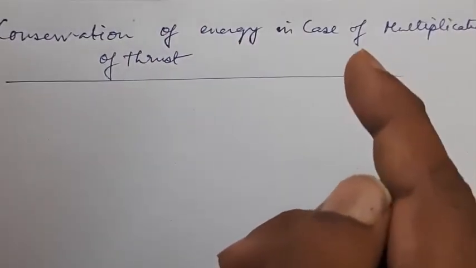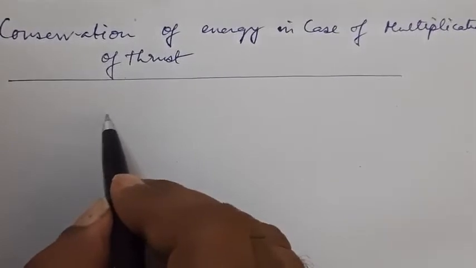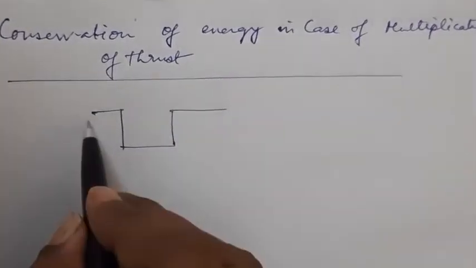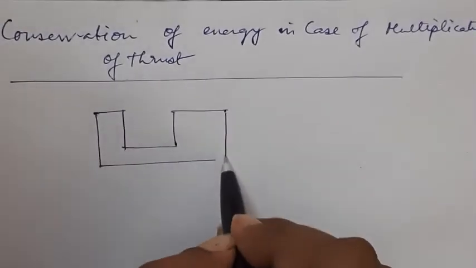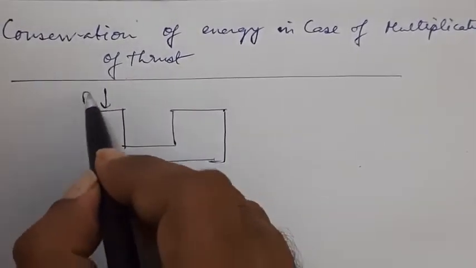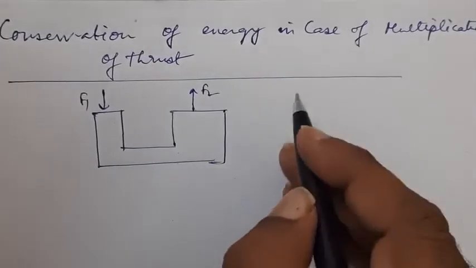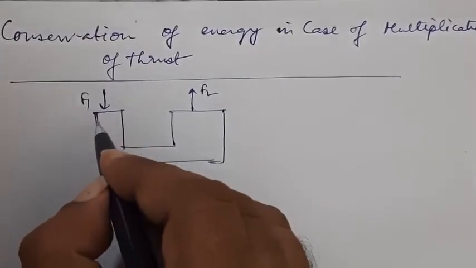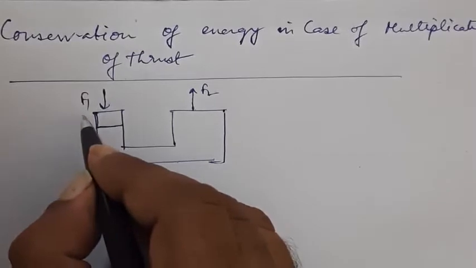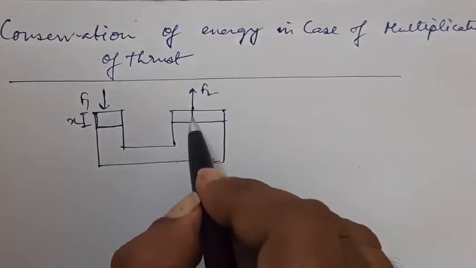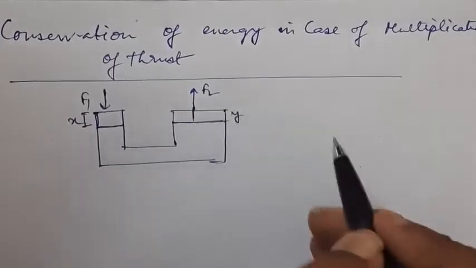Now suppose we redraw this diagram. We applied a small force F1, and F2 was the force we received on the larger piston. Suppose this piston moves down a distance x, so the other piston will rise by a distance y.